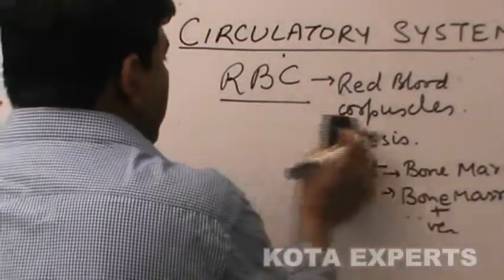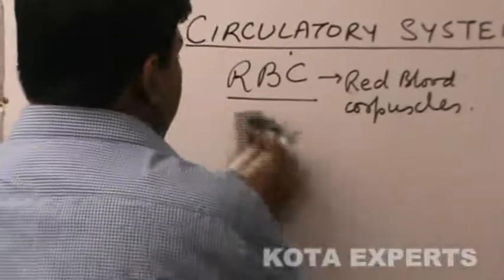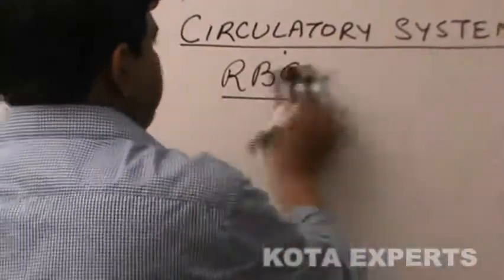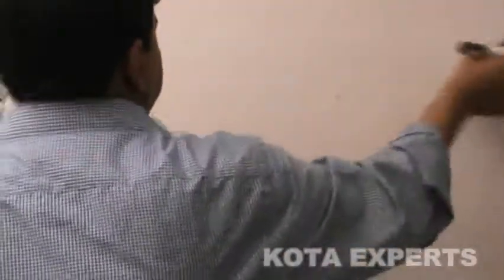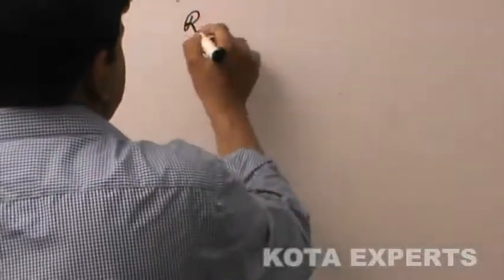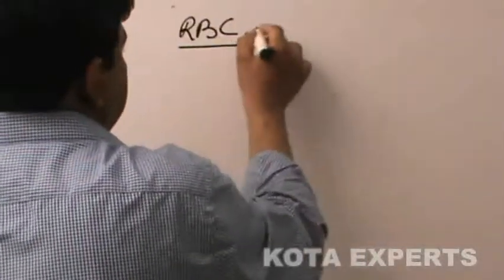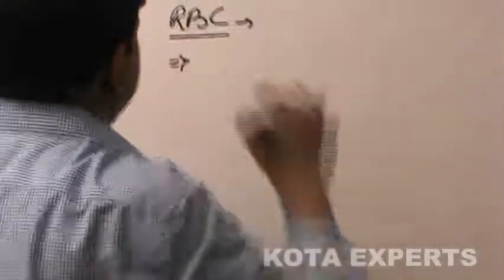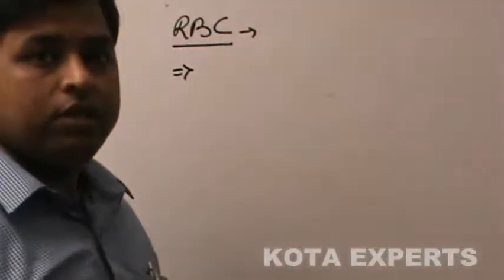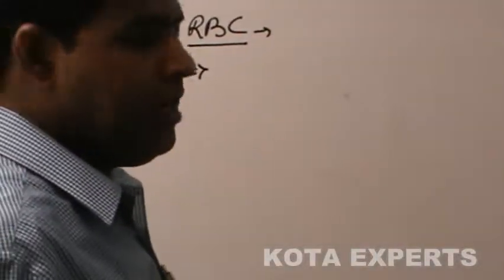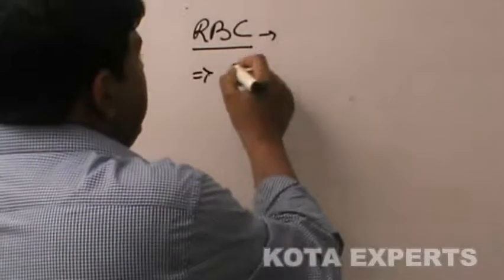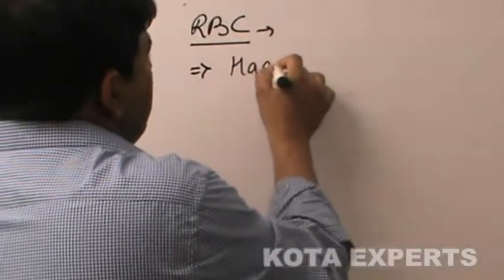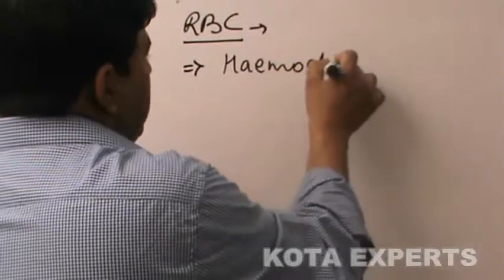Now next point about the RBC is that it is red blood cell. Why it is red? Because of a pigment called hemoglobin.